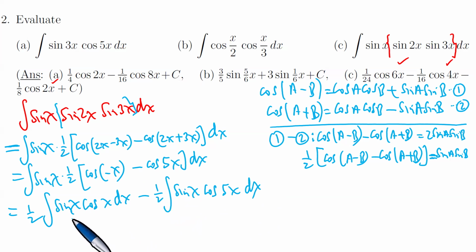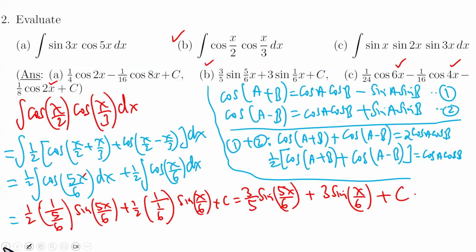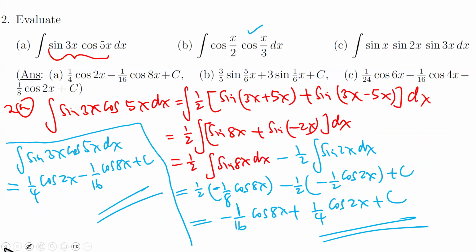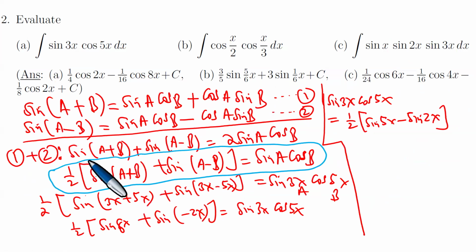So now we're back to the sine cosine. What is the rule about sine cosine? This is the formula. So sine cosine is half. You add the two angles and then you subtract them, the angle for the sine minus that of the cosine.